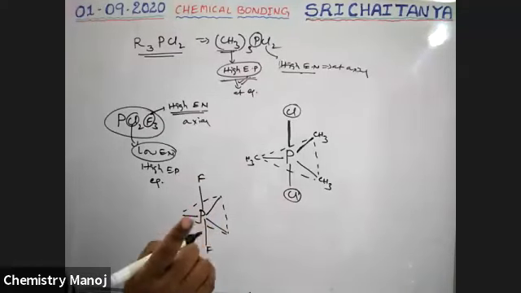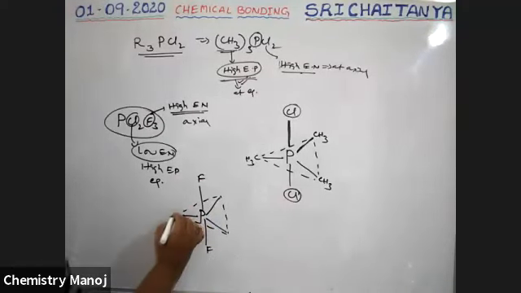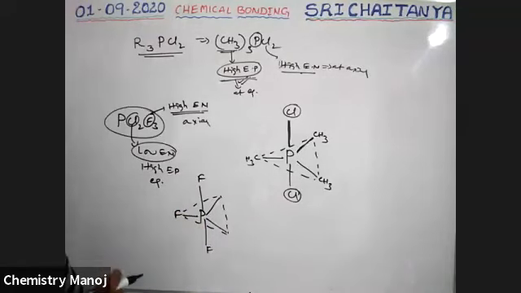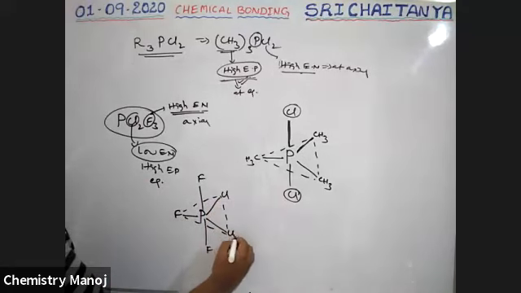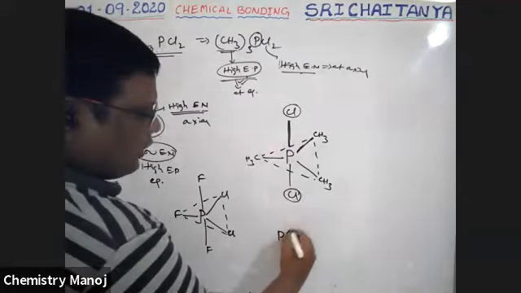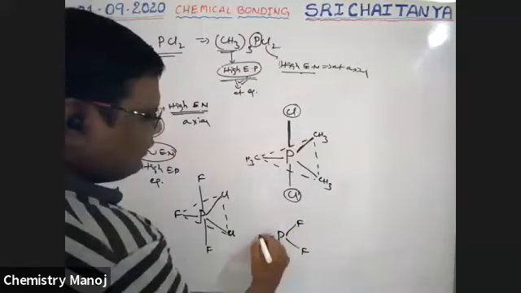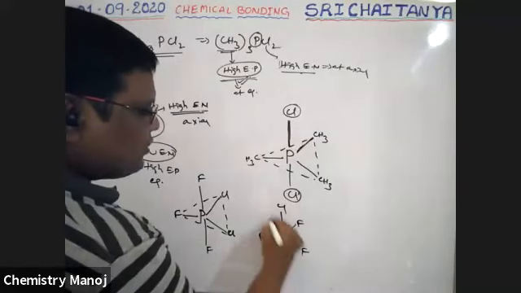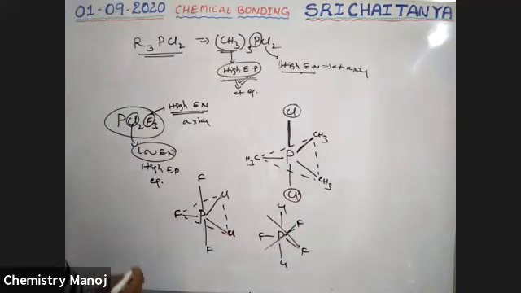One more fluorine is there, no doubt there is no alternative position, that is why one of the equatorial positions is also occupied with fluorine. Now chlorine: the remaining two positions, no doubt equatorial positions, are occupied with chlorine. So this is the structure, not like this one, not three fluorines here and two chlorines here. That is not the actual condition, it is not possible, boys. This is correct.